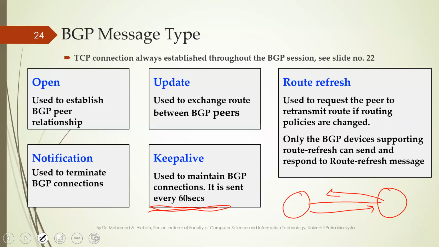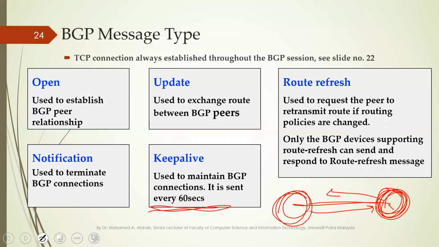The last thing is the route refresh. Route refresh is used to request the peer to retransmit routes if routing policies are changed. So in case of any change at a certain router that requires an update or route refresh at the other side, the route refresh packet will be sent to the other side.